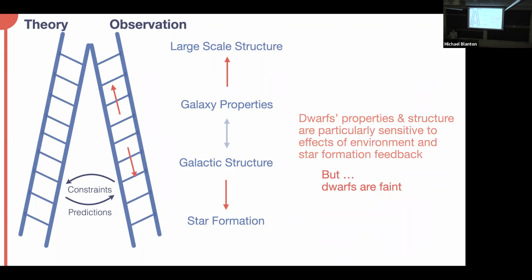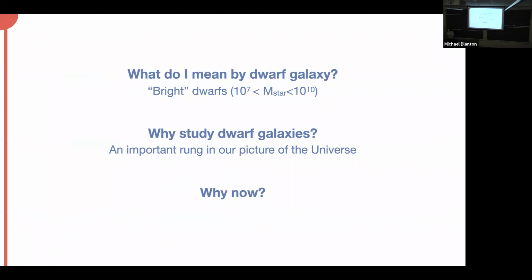However, the problem, of course, is that dwarfs are low mass and therefore faint. And so basic questions about their population remain. So why study dwarf galaxies? Well, they're an important rung in our overall picture of the universe. And then finally, why now?